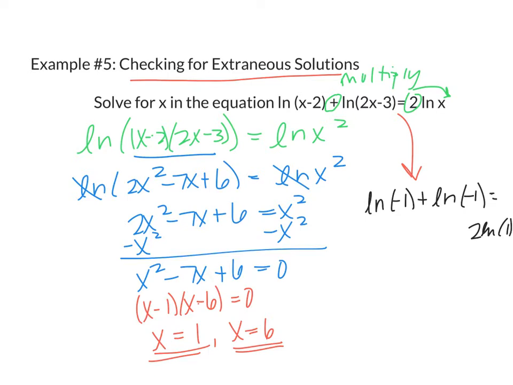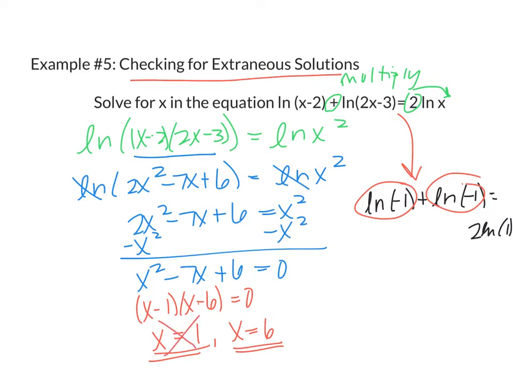If we remember, guys, it is not possible to have a natural log of a negative number, because no base raised to any power will ever give you a negative number. So essentially, because of these two pieces here, x equals 1 is not possible.